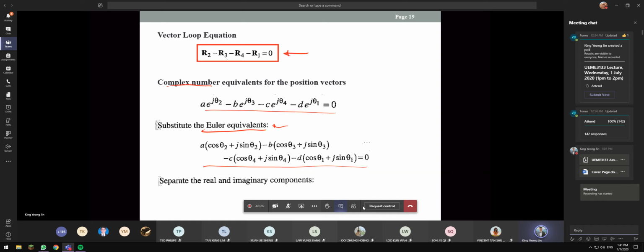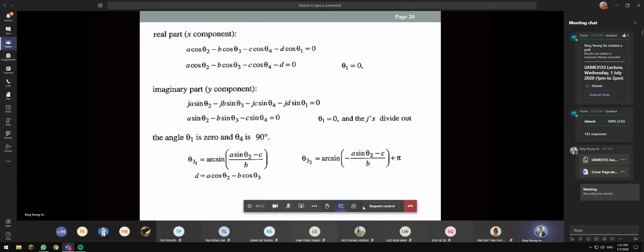Again, we can substitute the complex numbers into the formulas and then apply the Euler equivalent to get basically the x and y components. So again, we separate it into the real and imaginary components. So this is the real component, and we have the imaginary parts. Again, θ1 is 0. So that is where you get your cos θ1 is 1, but then sin θ1 is 0. That's why the d will disappear from your imaginary part.